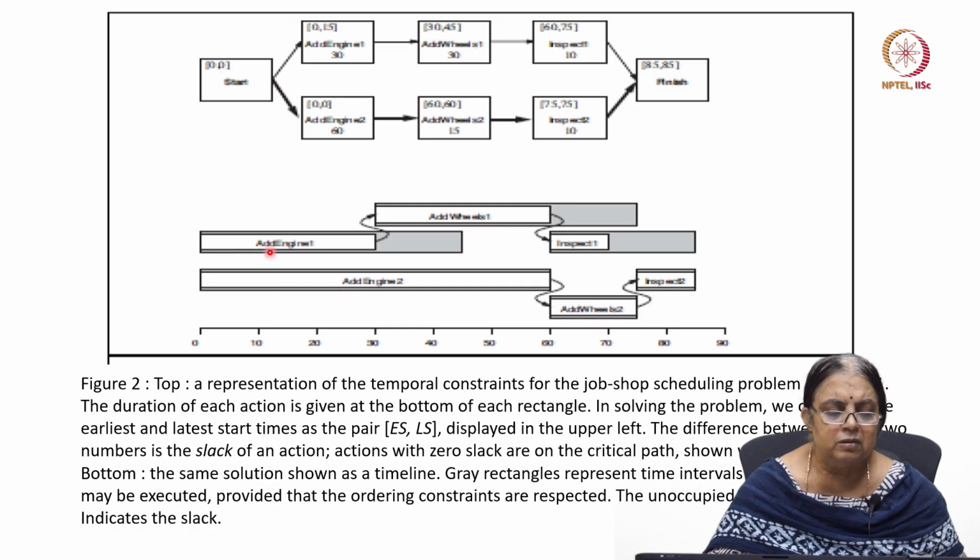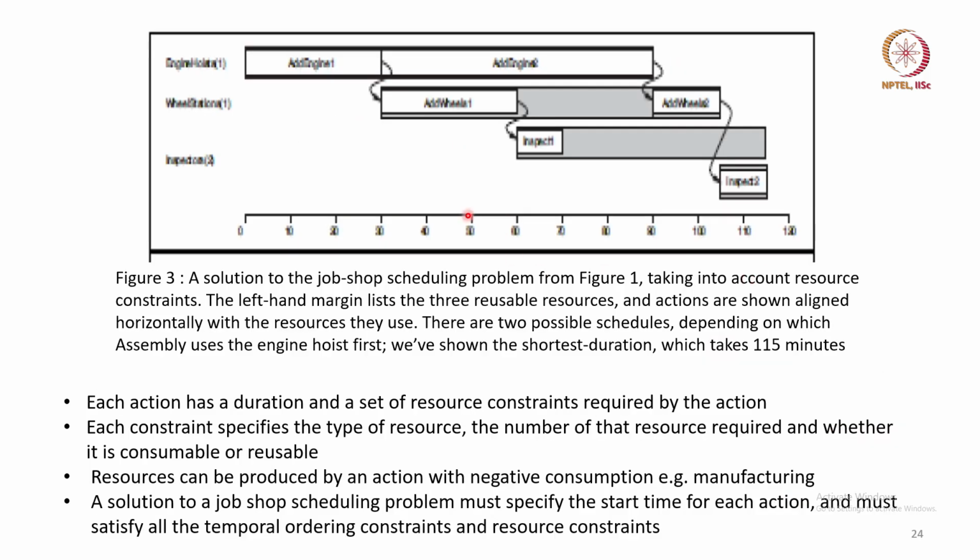So engine 1 is added between 0 and 30, etc. And here if you see, you have the timeline and you have the various resources that are available here. So for each of these resources, it shows the time at which these resources are used, and then this gives you the actions which are taken. So this gives you the complete solution to this job shop scheduling problem.